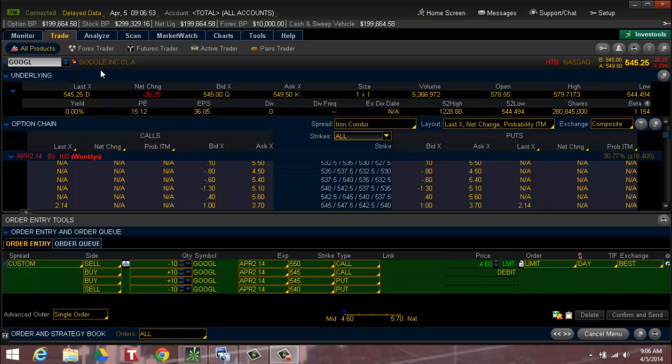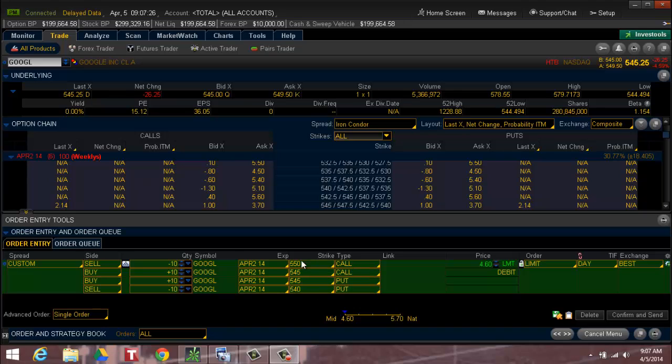So basically this is called an iron condor. I do an iron condor and I customize it and I put some wings on it. These are the number of contracts. This is Google, GOOGL, and as you can see, this is hypothetical, because this particular trade expires in 6 days, and 6 plus, we said today was the 5th, will be the 10th.